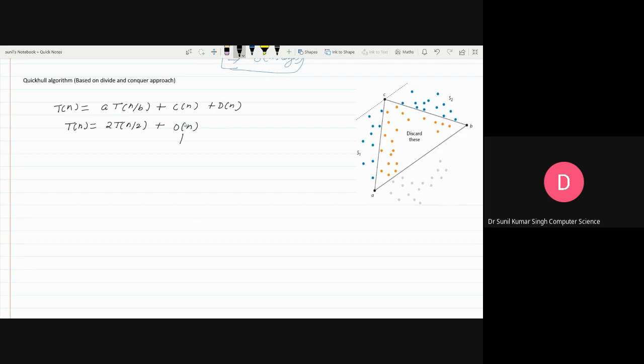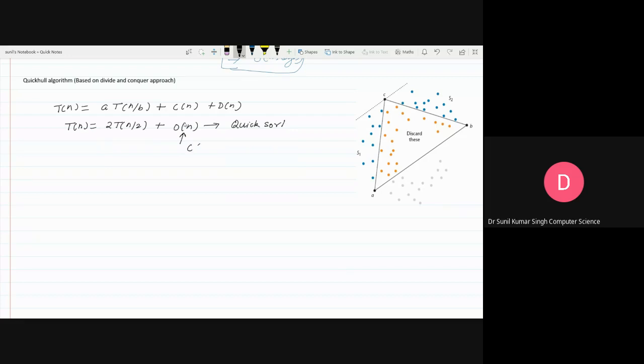So can anybody tell what is the meaning of this order of n? If we are talking about the divide and conquer quicksort algorithm, then what will be the value of C(n)? Just 1 minute.